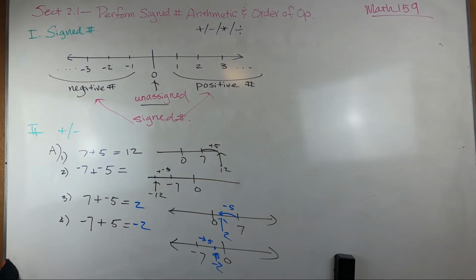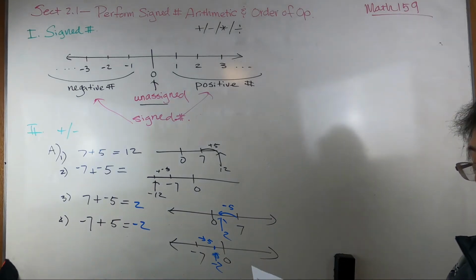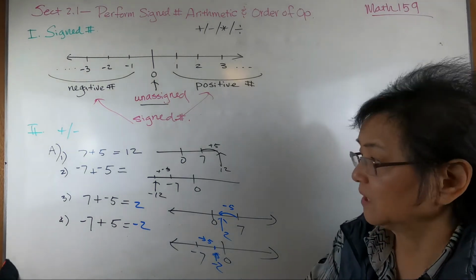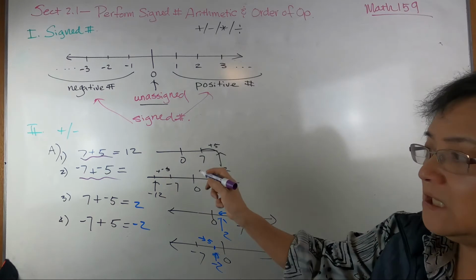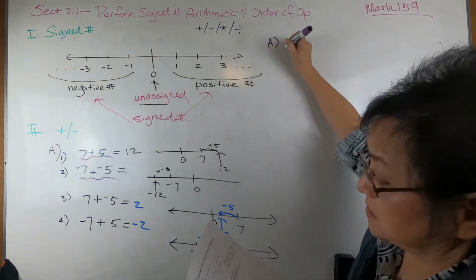So if you still have problems remembering it, then what do we do? Okay, so you can think about it this way. If you have the same sign, either positive or negative, so the method you use is what?